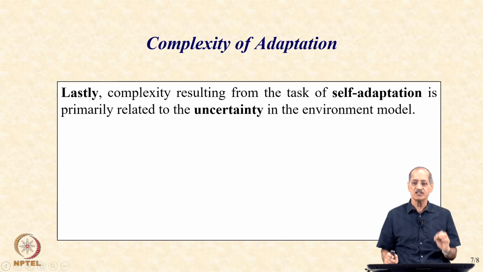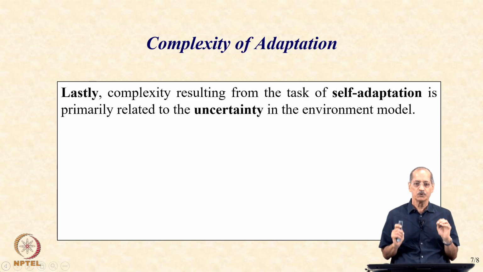Lastly, let us come to the complexity of self-adaptation, which perhaps is the main element that is going to make our system intelligent, rational, and hence autonomous in the true sense of the word.